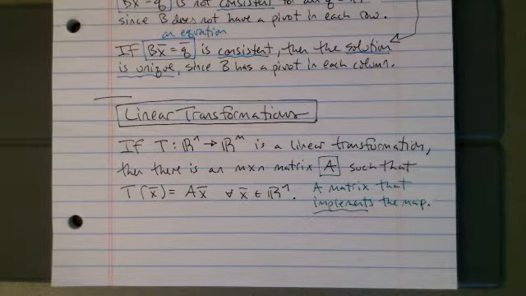So if T maps Rn to Rm is a linear transformation, there is an M by N matrix A such that T of X is equal to A times X for all X in Rn.